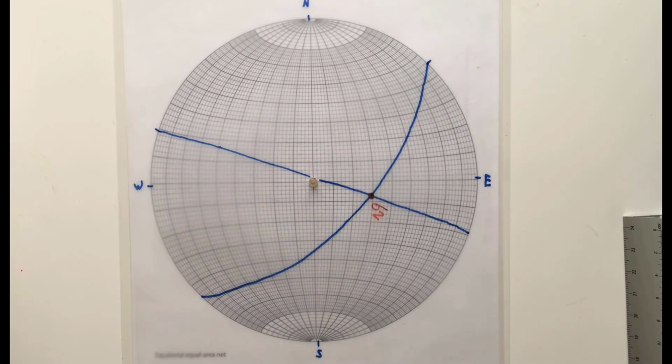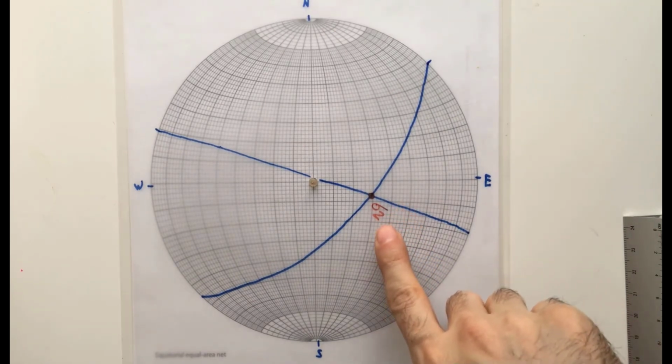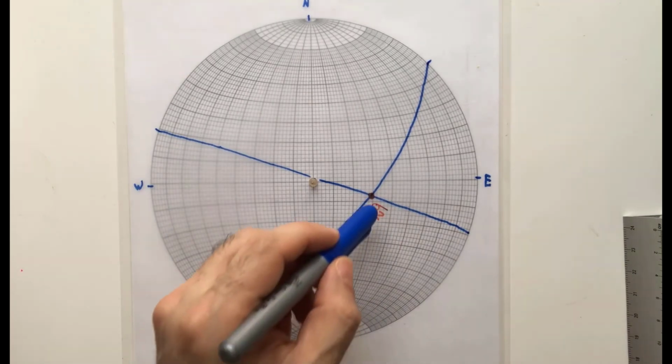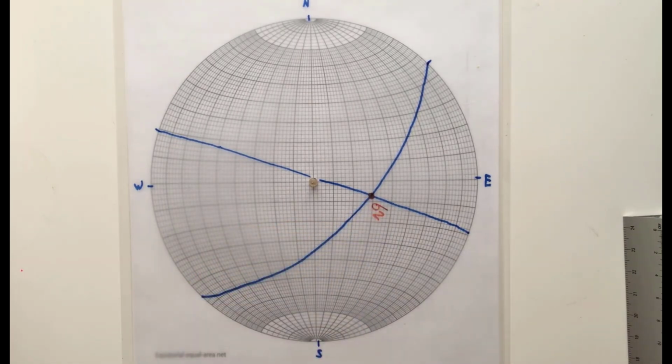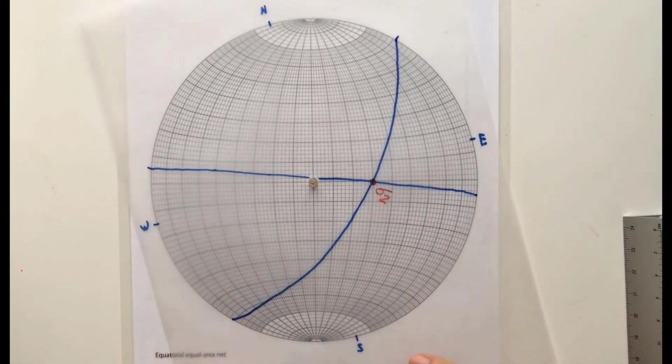They are an orthogonal system. So if I plot the profile plane of sigma 2, that's going to be a plane on which sigma 1 and sigma 3 should lie, right? So let's plot the profile plane of sigma 2.